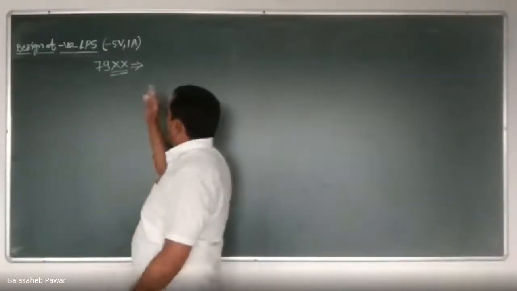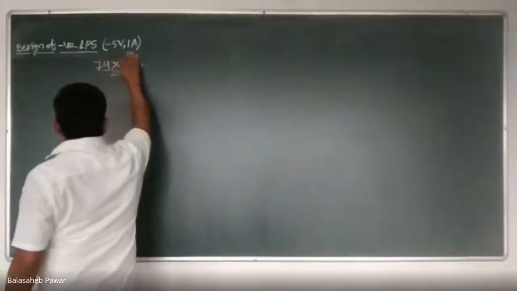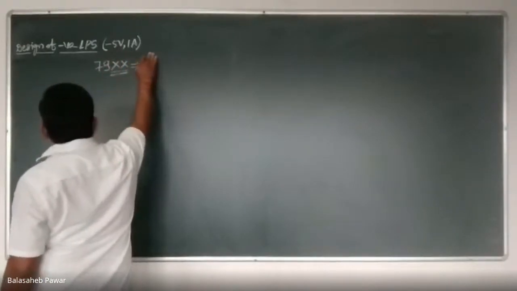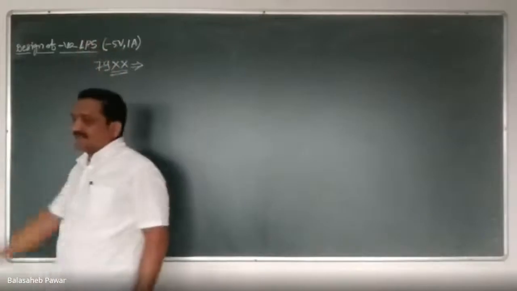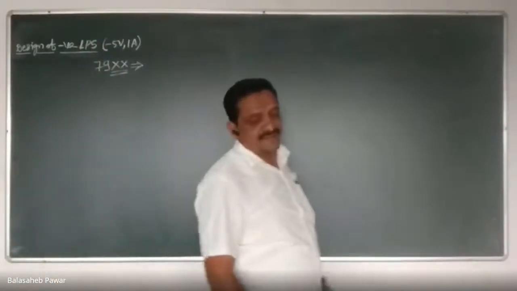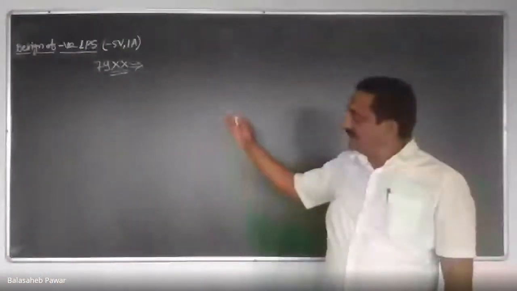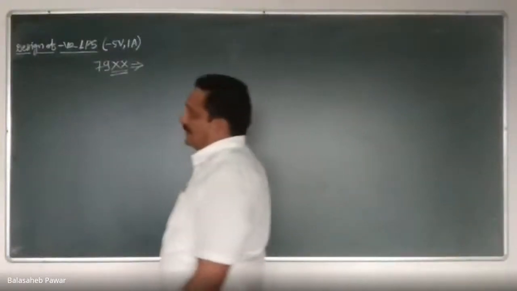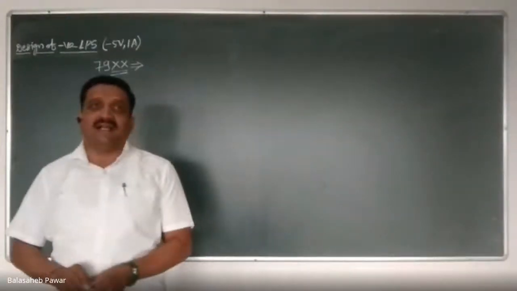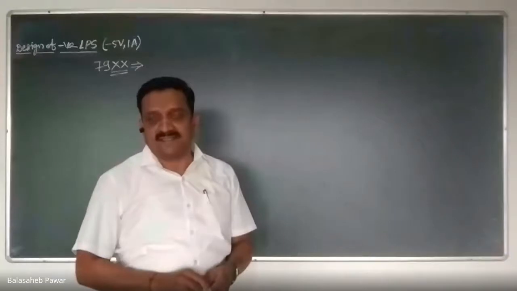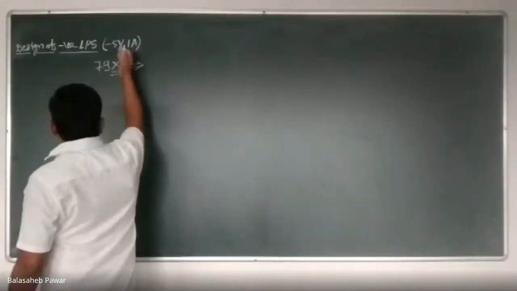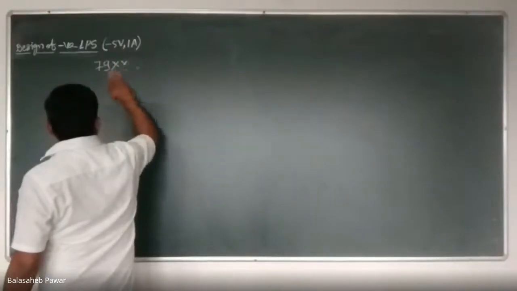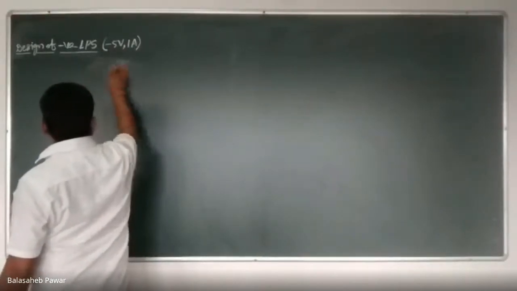So the problem statement again is that the output of the linear power supply should be minus 5 volt with 1 ampere current rating, and it should again be regulated. Once we complete it, later we'll see what is meant by a regulated power supply and why it is required. As I told, the 79 series is nothing but a negative fixed regulator.